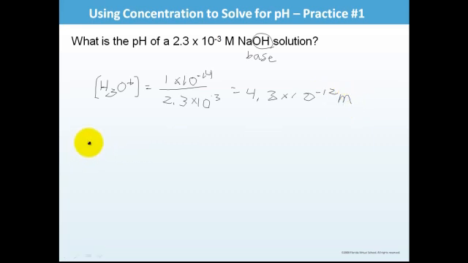Now we just simply plug into our pH formula. So the pH equals the negative log of 4.3 times 10 to the negative 12.